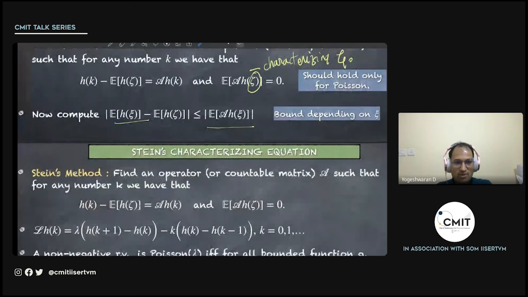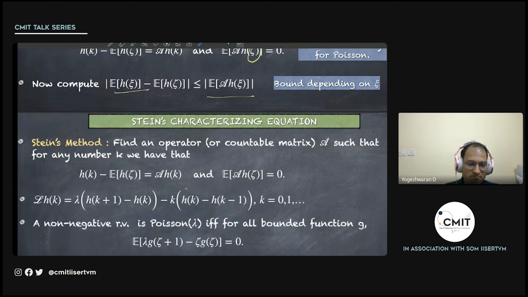So let's go back to this. In Stein's method, I have to find an operator or a countable matrix, because h is a function on natural numbers. It's an operator or a linear transformation or a countable matrix indexed by natural numbers, A h of k, satisfying this. What is my characterization? I will define the following.